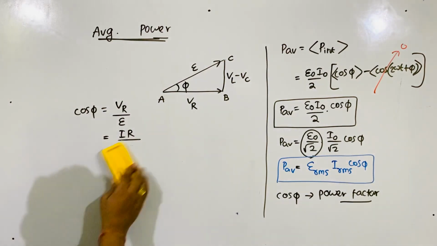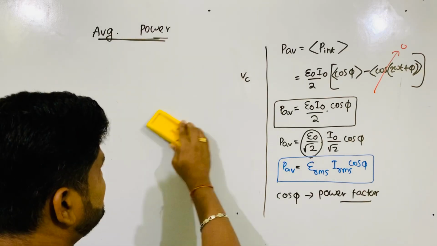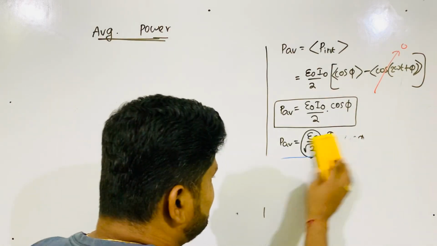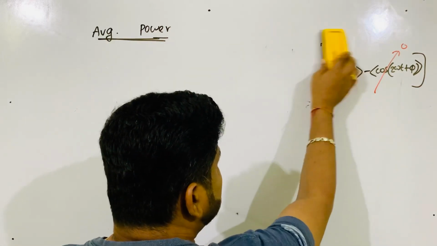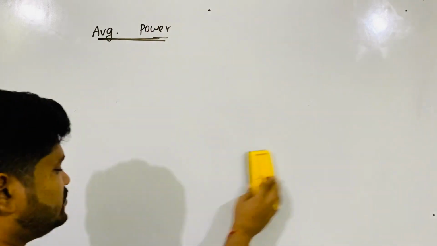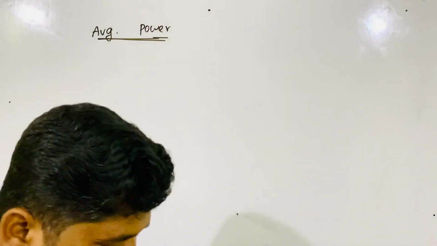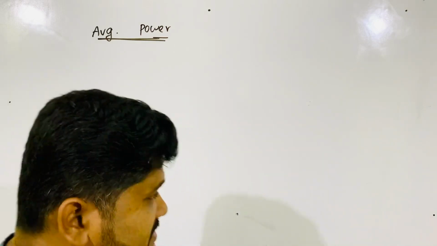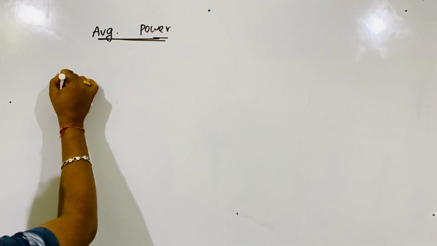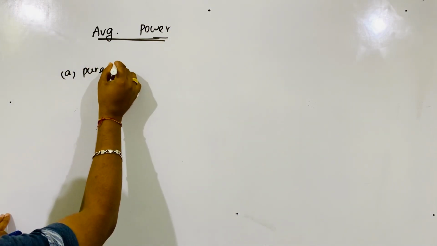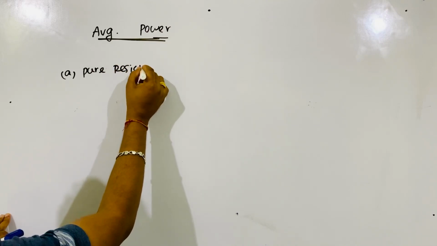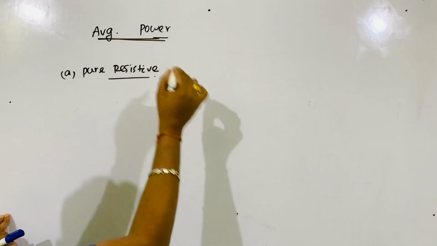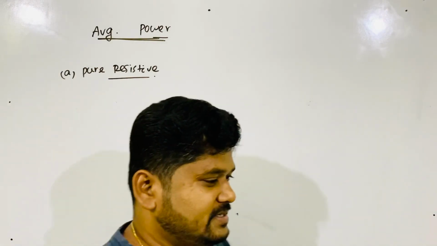So depending on this phase difference, depending on this power factor, now we'll discuss the special cases, what happens in different circuits. Let's first come to the pure resistive circuit. Pure resistive, only a resistor is connected.